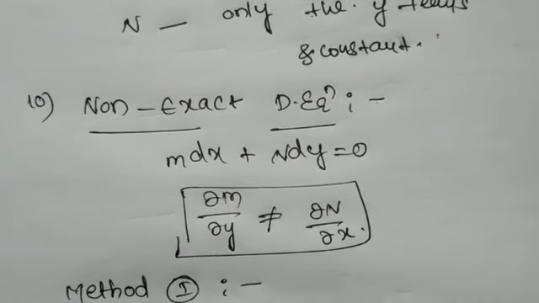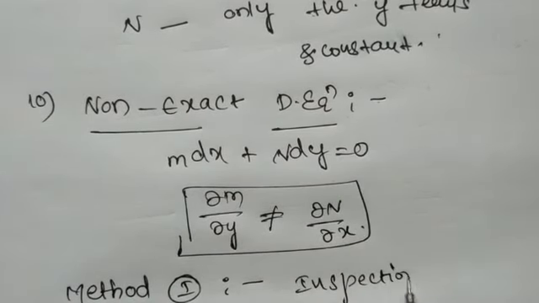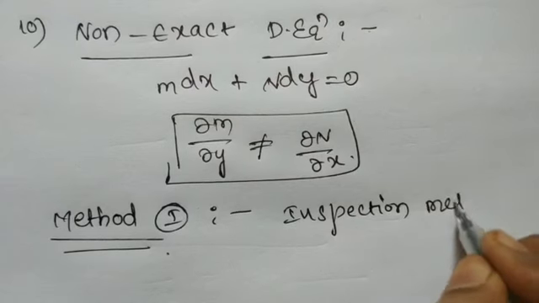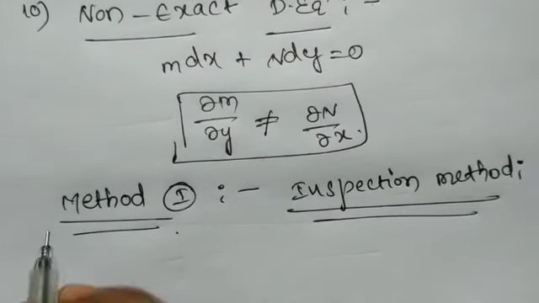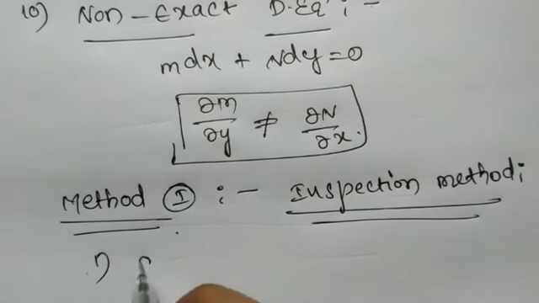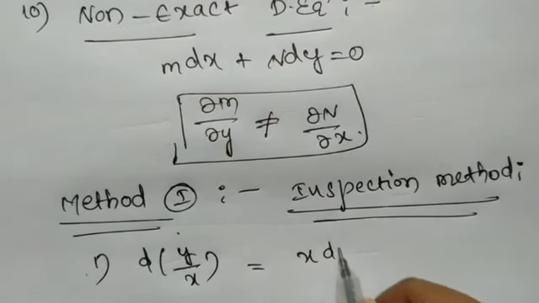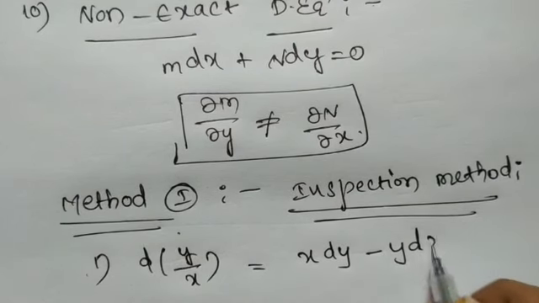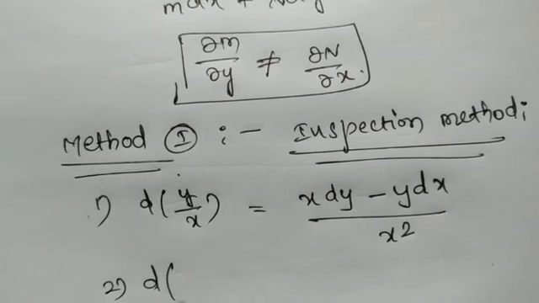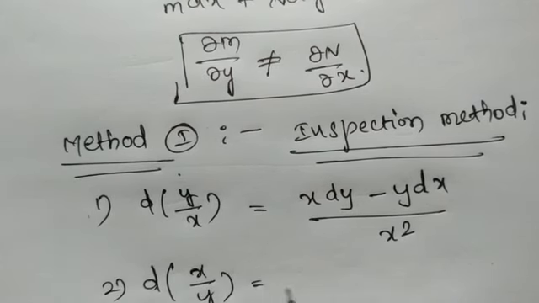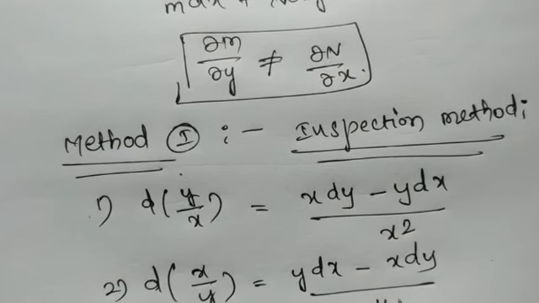Coming to method 1, that is the inspection method. Here we have some formulas, I am writing the formulas. d of y by x equals x dy minus y dx by x square. Next one, d of x by y equals y dx minus x dy by y square.